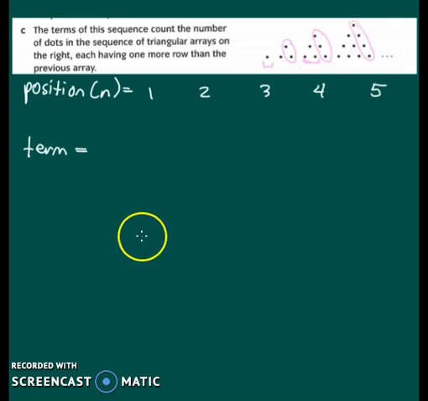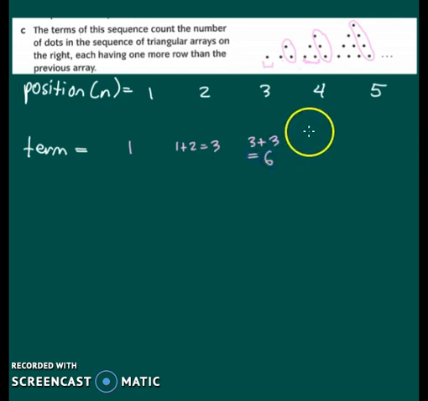to the previous term. Okay, so how many dots do we have? In the first term, we had 1 dot. In the second term, we added 2 dots to the first term. That leaves us with 3 dots. In the third term, we added 3 dots to the second term, which gives us 6 dots.